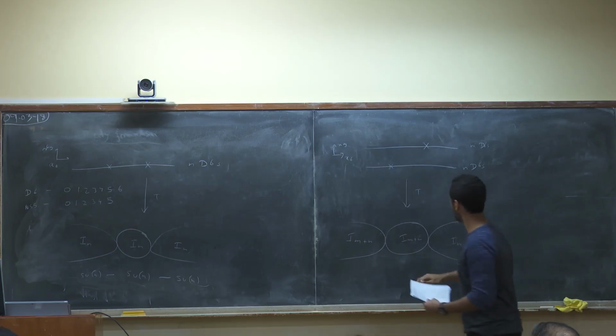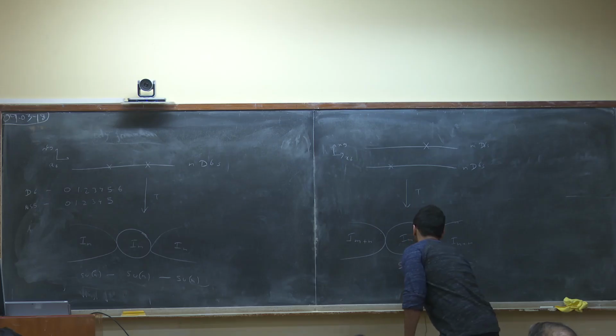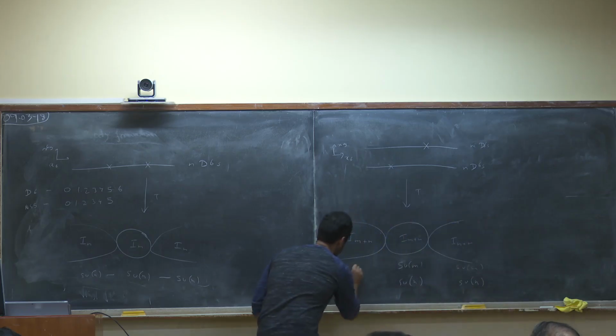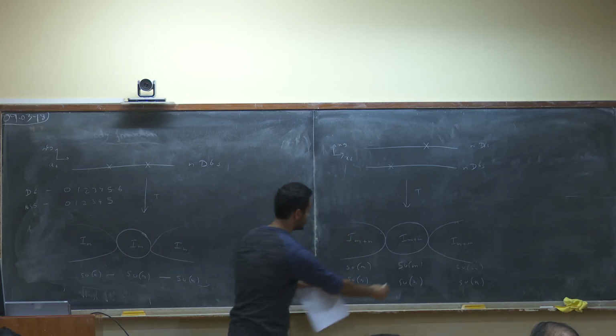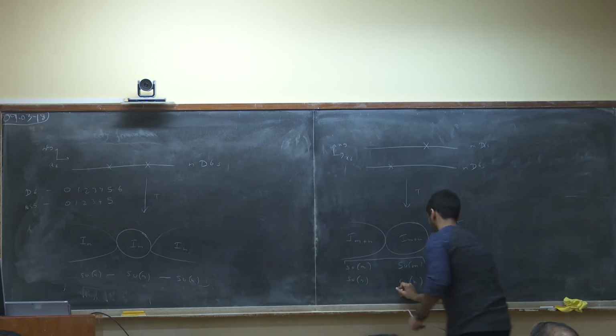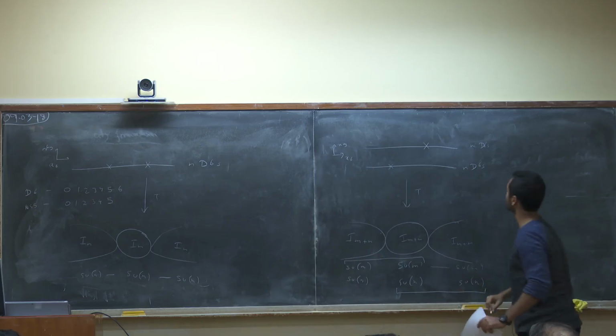You find that on each of these curves you have an SU(M) and an SU(N), such that these two SU(M)s are identified together and these two SU(N)s are identified together. And there is some matter in between these groups.